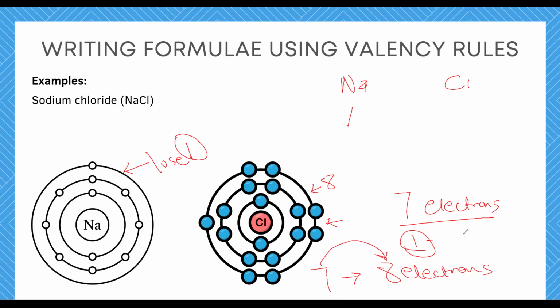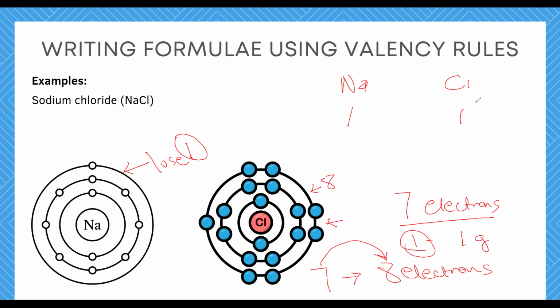One. Good. What's the valency of chlorine now? Eight. That's the point where I'm saying the valency is not 8. The valency is 1 because it can only gain 1 electron.